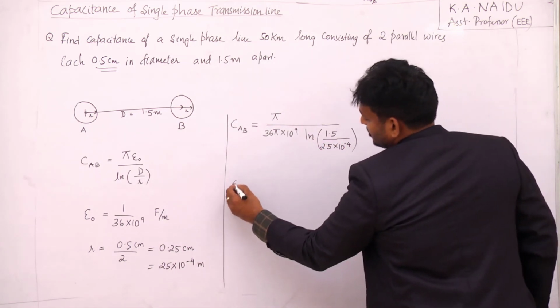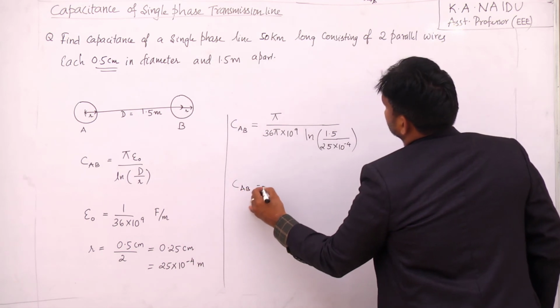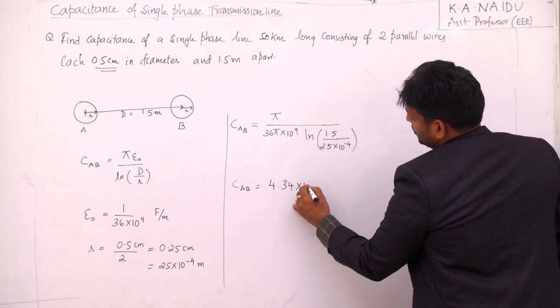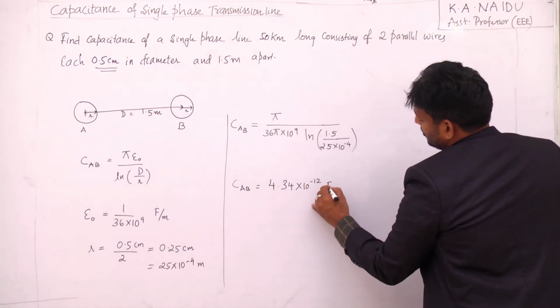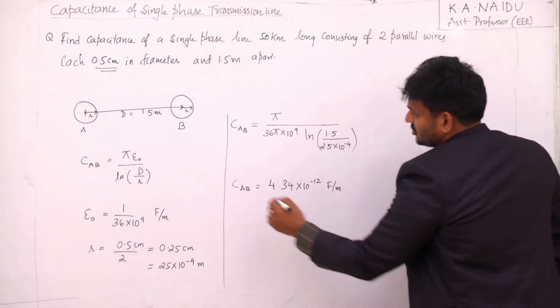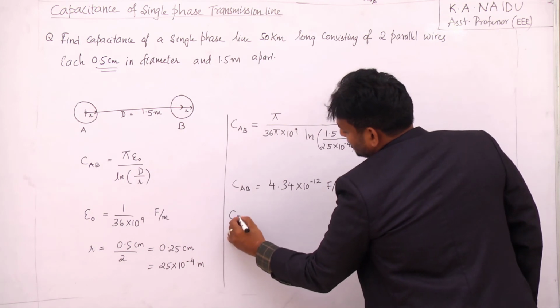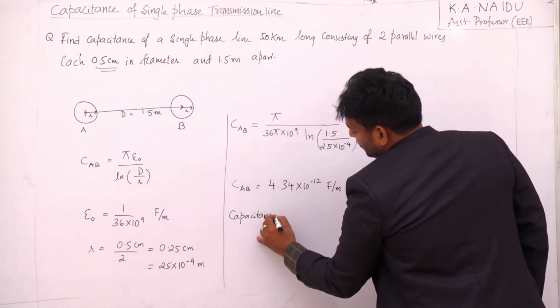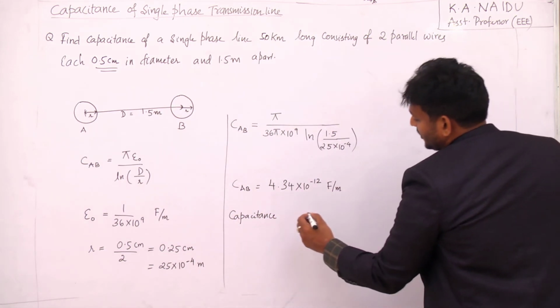For solving this, you will get CAB equal to 4.34 into 10 power minus 12 farad per meter. You have to find the capacitance of the entire line, because all the capacitance is distributed over the length of the line.